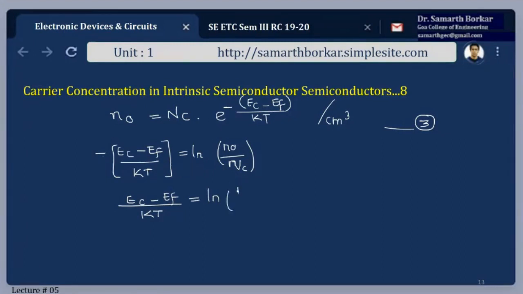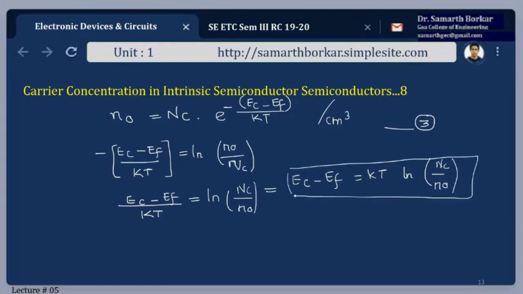So it will be NC by n0, which gives EC minus EF equals kT natural log of NC by n0. Now this is the expression you can recollect. Somewhere I have mentioned, if I want to calculate the number of electrons, it is the difference of EC minus EF. You recollect? We'll talk about the number of electrons.